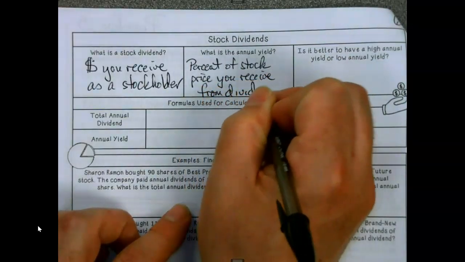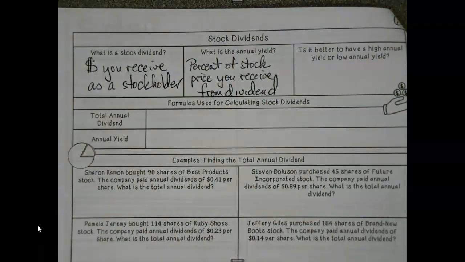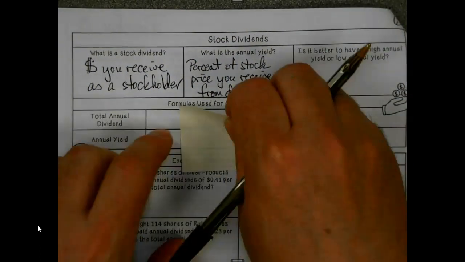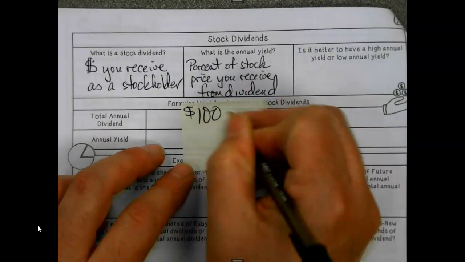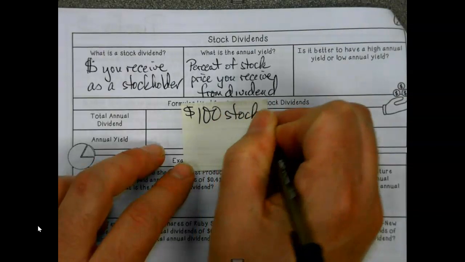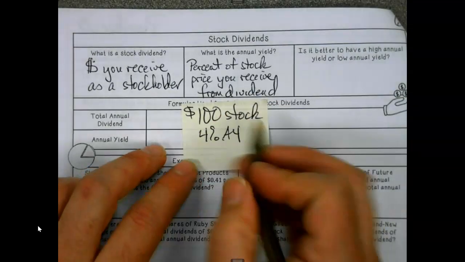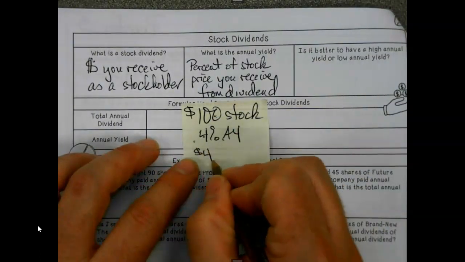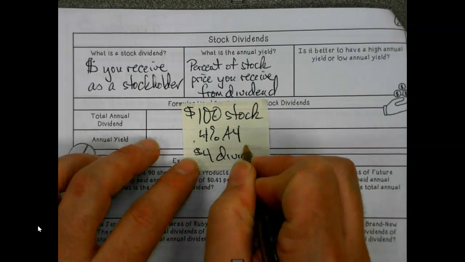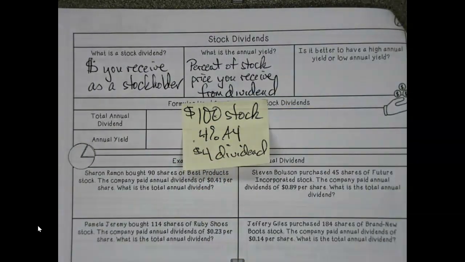So for instance, just as an FYI, let's say you had a $100 stock that paid a 4% annual yield. 4% of $100, 0.04, means for every share that you had, you'd get a $4 dividend annually.